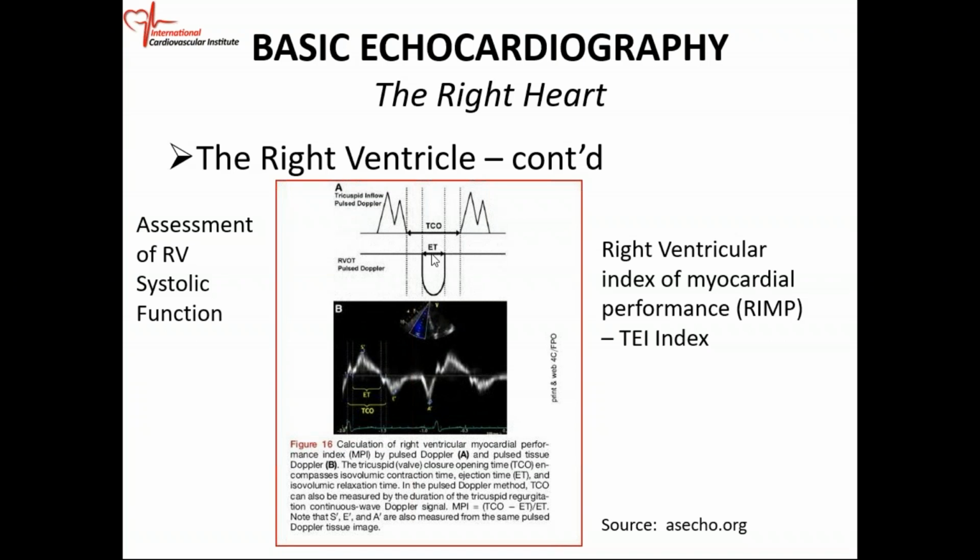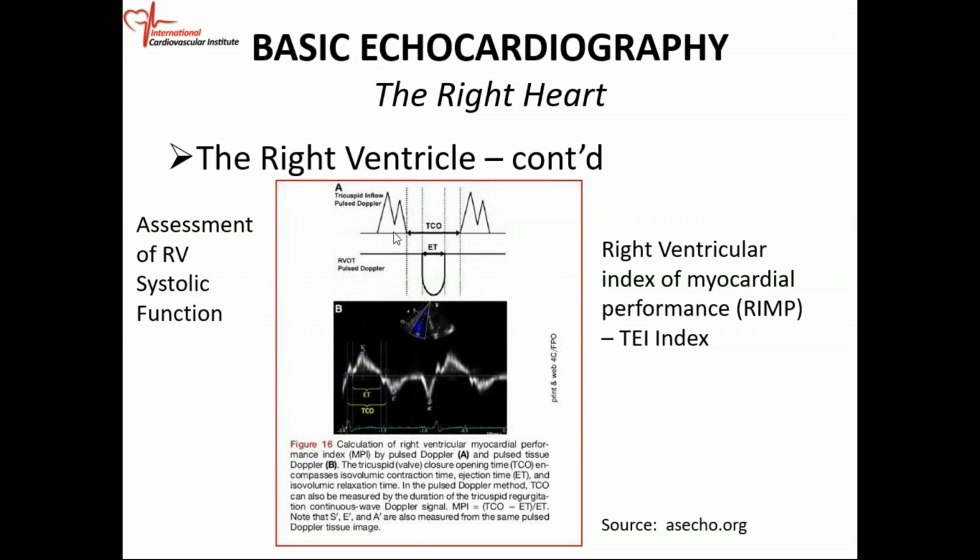Tricuspid valve closure to tricuspid valve opening, you subtract from that the ejection period, and you divide by the ejection period. So essentially what you need to make that calculation is your RV inflow. So this is your RV inflow.